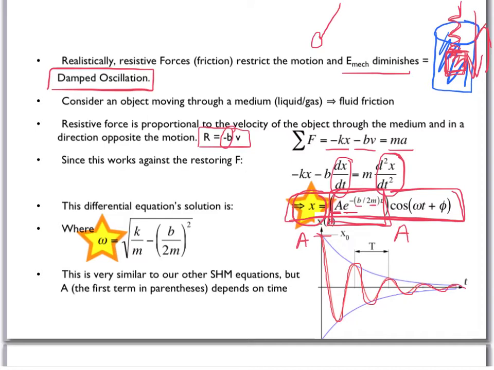This is what a damped oscillator looks like, a changing amplitude that gets smaller as it is being damped. Here we could also say that the omega for this oscillatory motion is equal to the square root of k over m minus b over 2m, that quantity squared. So we have our omega values that we could plug into the equations and solve for that angular frequency.